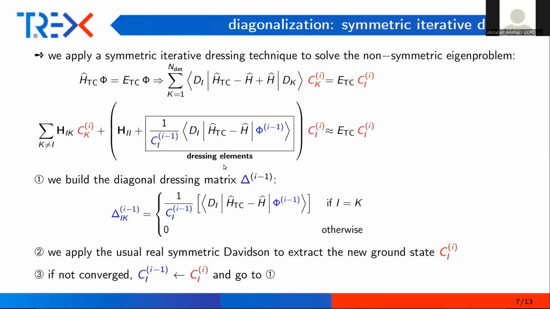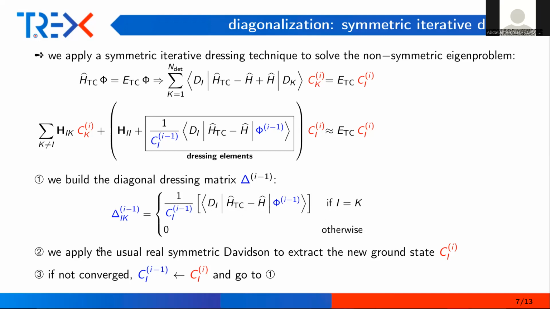So to summarize the algorithm here, first we start with the solution of H, and we build this diagonal dressing matrix by computing these integrals.